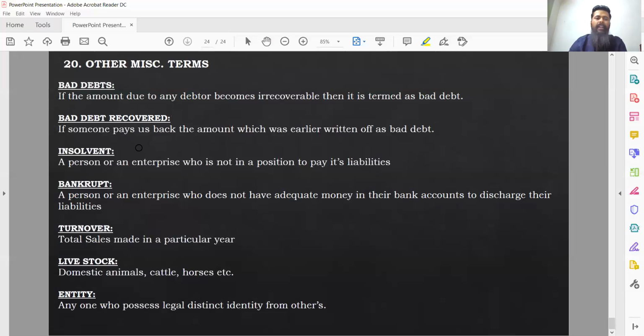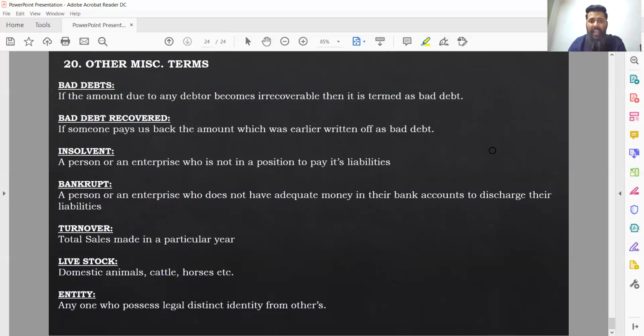The meaning of insolvent: a person or an organization who is incapacitated to pay off its liabilities. Any person who cannot pay off his liabilities in the requisite period of time is known as insolvent. Next term is bankrupt. See, often insolvent and bankrupt are used interchangeably, but that is not the correct thing. Insolvency is something where a person is incapable of paying anyhow.